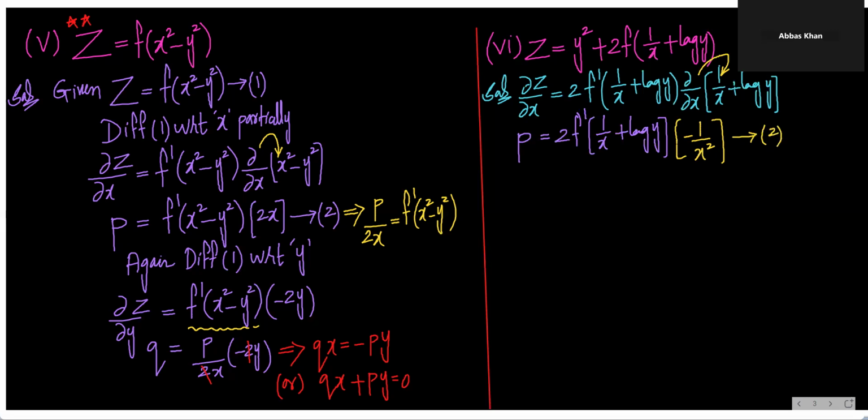Now again, if I am differentiating this same value partially with respect to y, we get like this. dou z by dou y is equal to, now this time y square gives 2y. Okay, y square is 2y plus 2 is a constant.